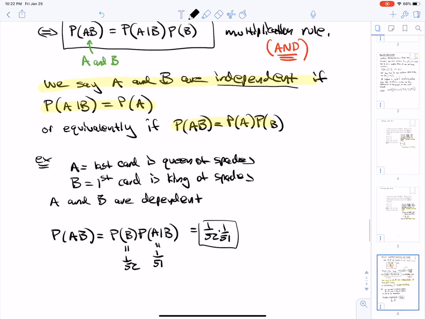So here in this last example, with the queen of spades and the king of spades, that's why we get 1 over 52 times 1 over 51, because the conditional probability is 1 out of 51. We're conditioning on what the first card is.